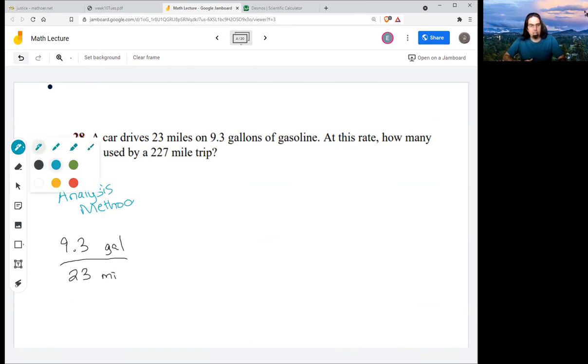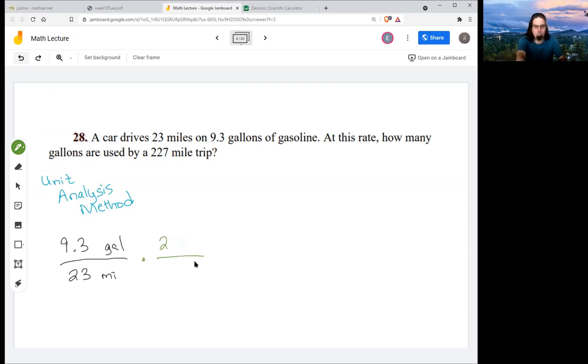So something they gave me in a fraction, this many gallons per mile, and I am multiplying it by the 227 miles.